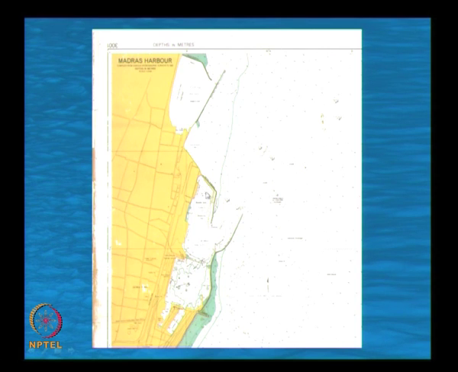This is the outer harbor basin, this is the inner harbor basin, this is the breakwater, this is true north and this is your eastern side, and here you have the fisheries harbor. This shows the bathymetric contour lines. The water depth is marked here, and this is your navigation channel, this is your training circle.